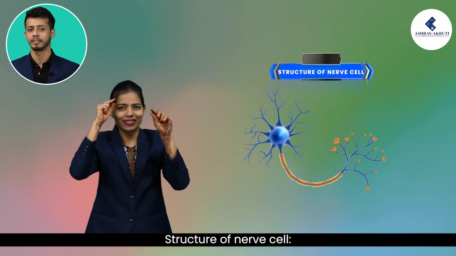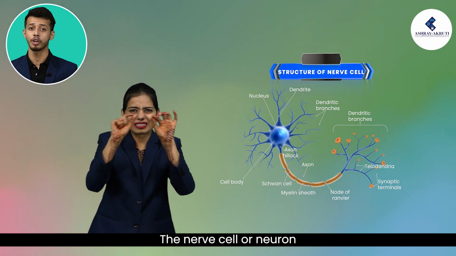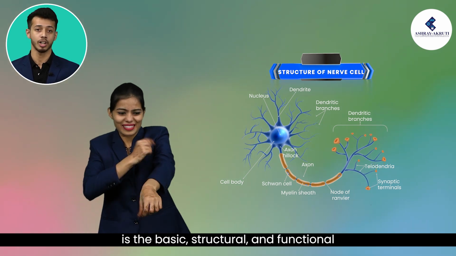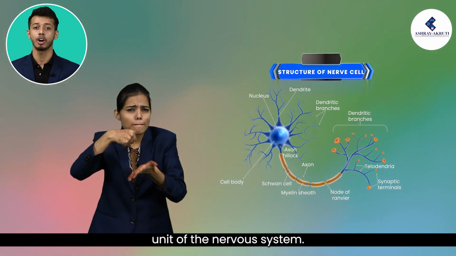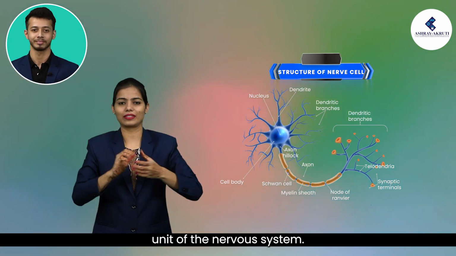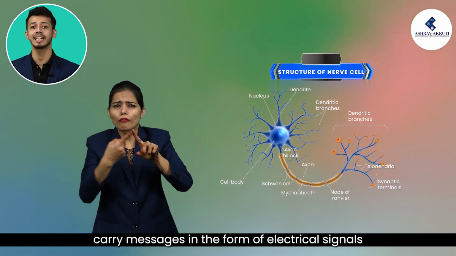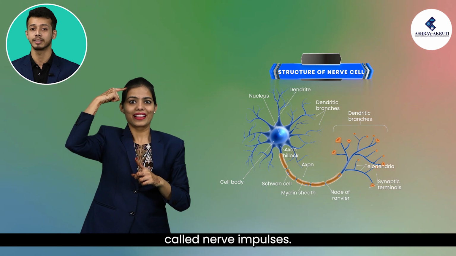Structure of the nerve cell. The nerve cell or neuron is a basic structural and functional unit of the nervous system. The neurons carry messages in the form of electrical signals called nerve impulses.